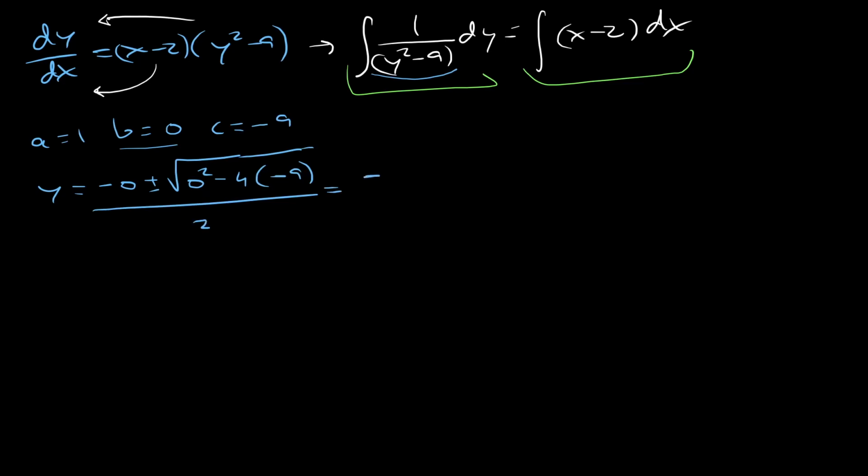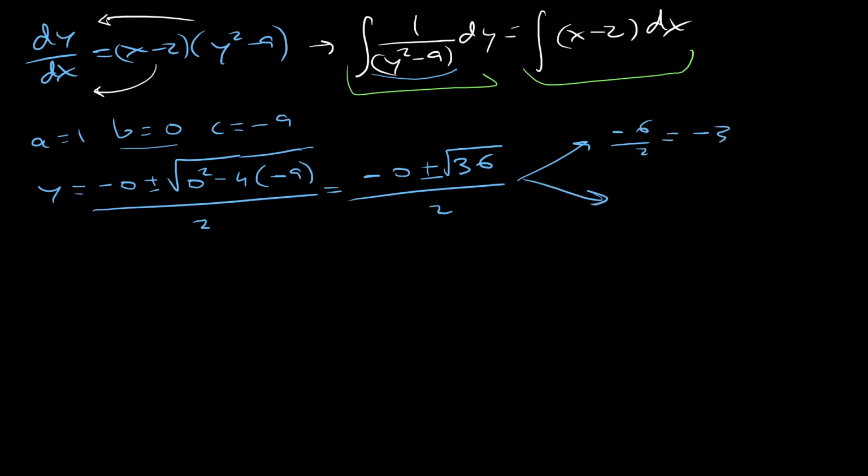So our result from this is minus 0 plus or minus the square root of 0 plus 4 times 9, which is 36, the square root of 36, divided by 2. And here you use the negative for the first one and the positive for the second one. So minus 0 minus 6, that's minus 6 divided by 2, so that's minus 3.